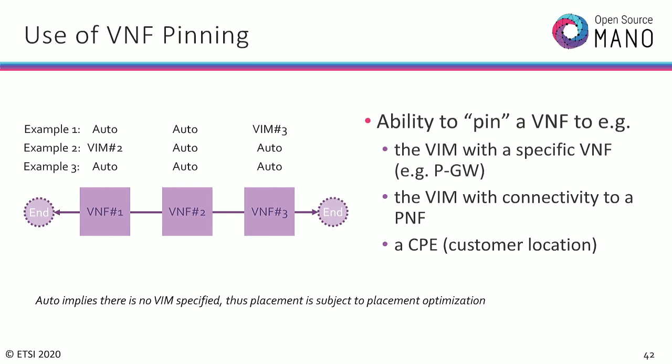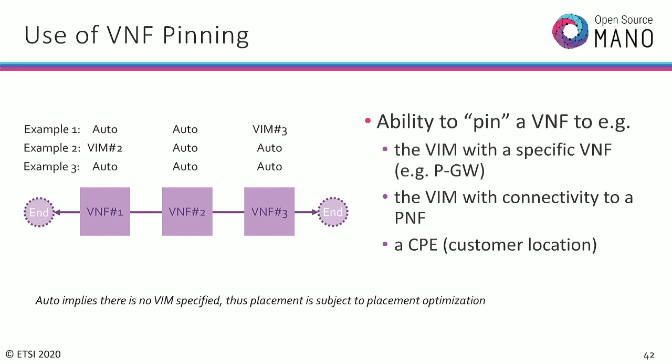So this is just to give an example of this pinning feature, that we can give a certain VIM identifier for a certain VNF and let the other ones be automatic, and it could be either permutation of that. That of course would be used if we know that we want to have a certain VNF in a VIM where we have another VNF, for example a packet gateway, or we have another PNF that has an endpoint somewhere, or it's a customer location, so we want to pin them accordingly.